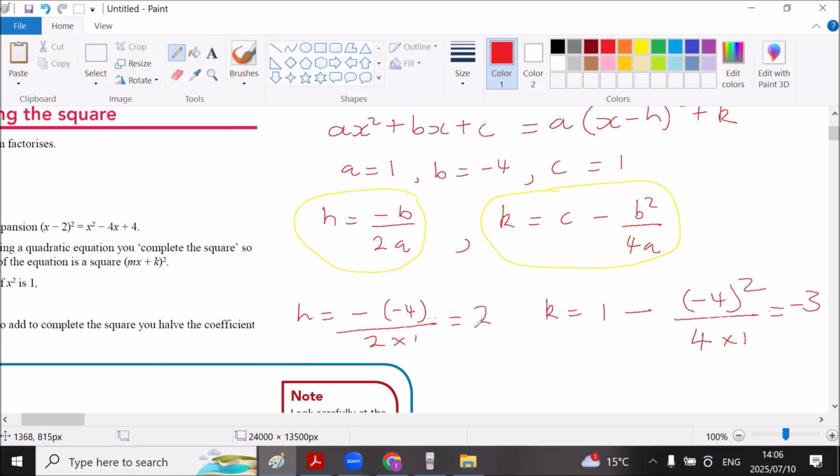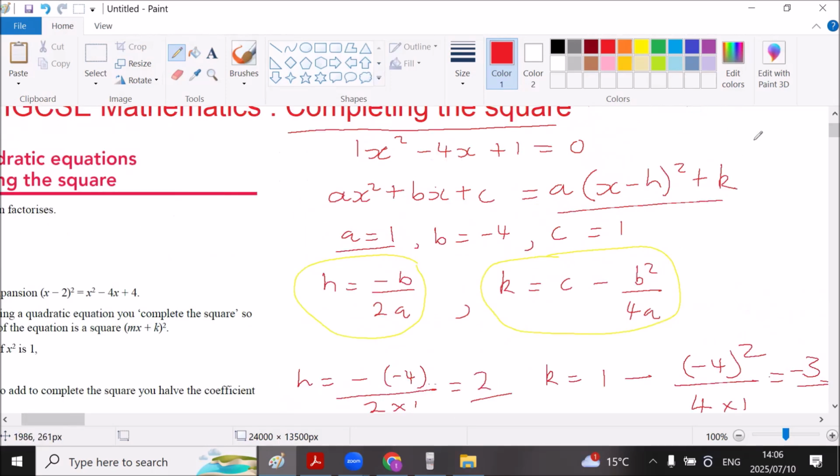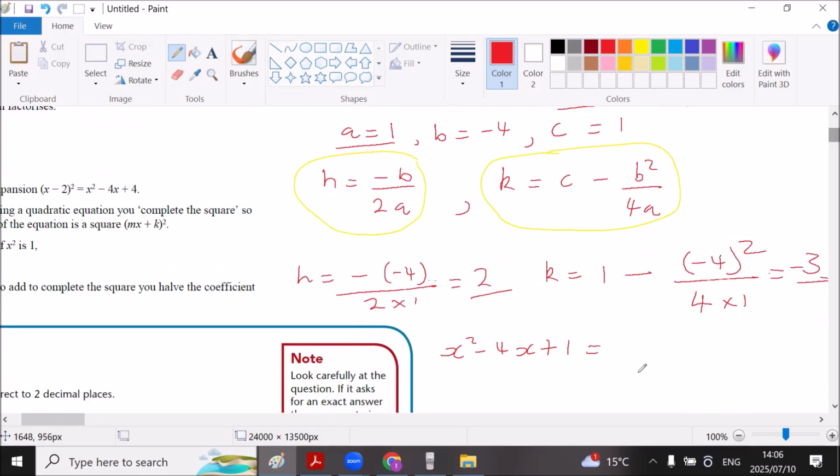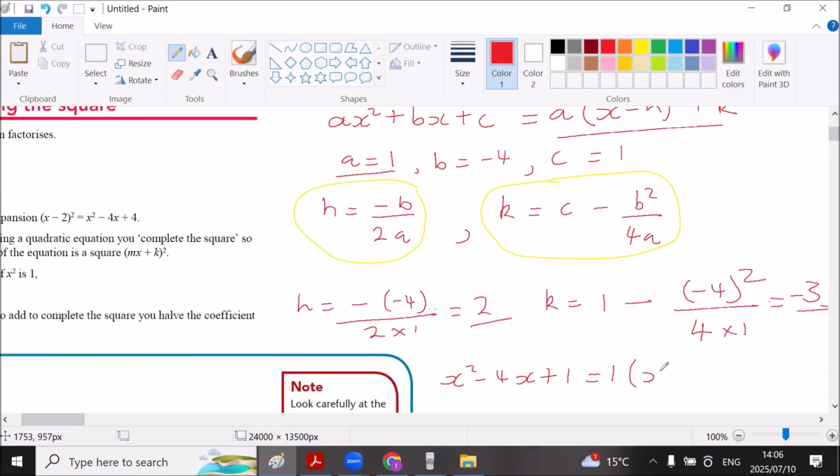Now, we can substitute our values of a, h, and k into this expression. And so x squared minus 4x plus 1 is equal to 1 bracket x minus h, which is 2, squared plus minus 3. Plus minus gives us a minus, so we can just say minus 3.